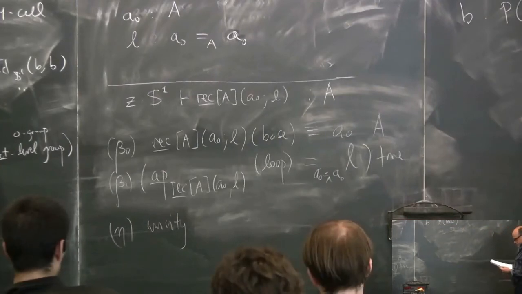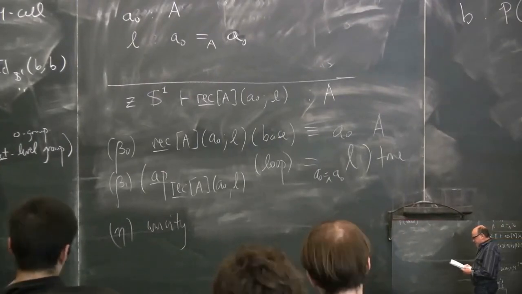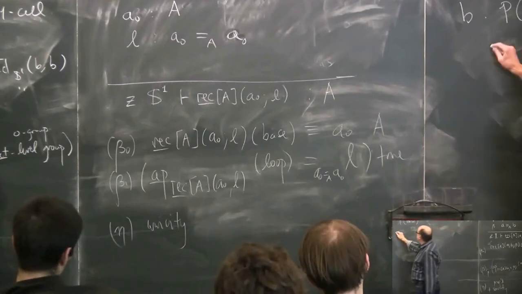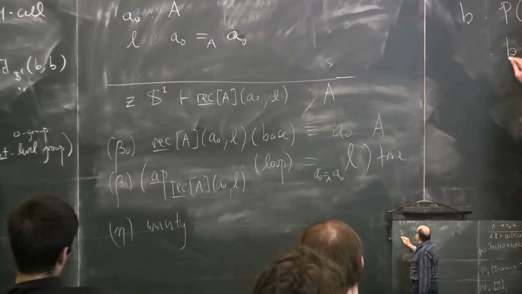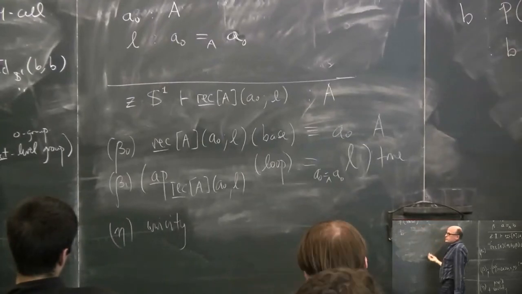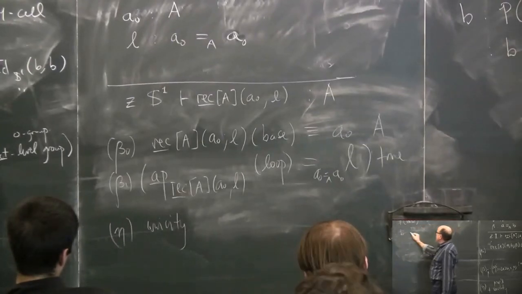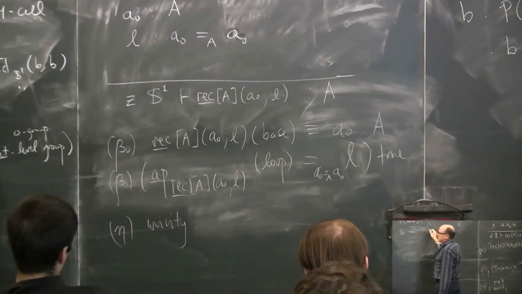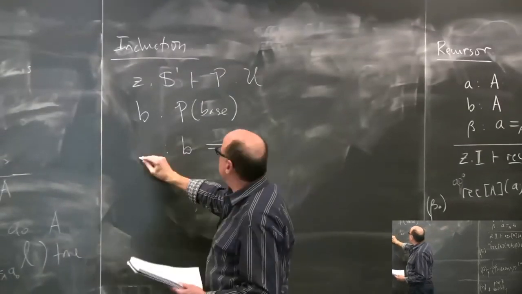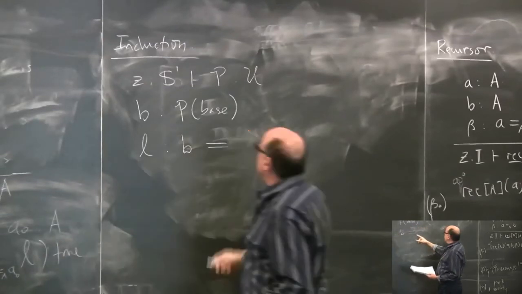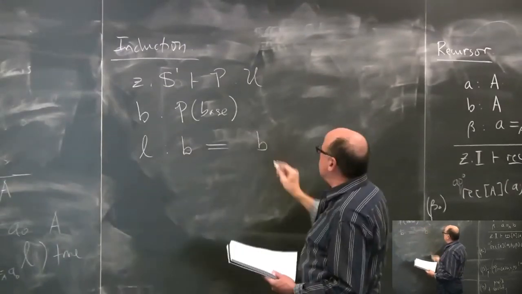And now the critical thing for the induction is that you want to be able to tell me that this proof is preserved going around the loop. So that's the way we say it. So we kind of want to say there has to be some evidence. What did I call it just to make sure? I called it L here. There has to be some evidence that sort of B is equal to B.